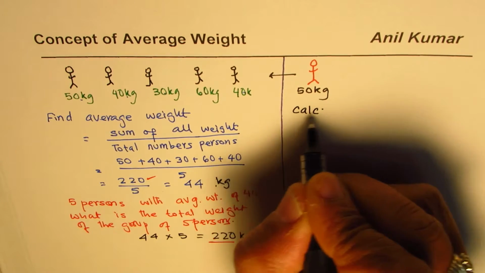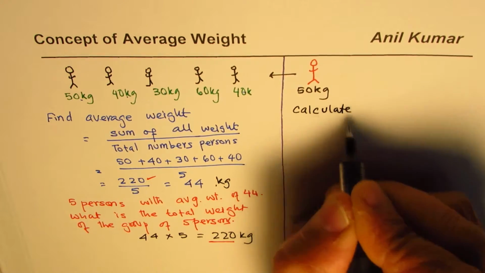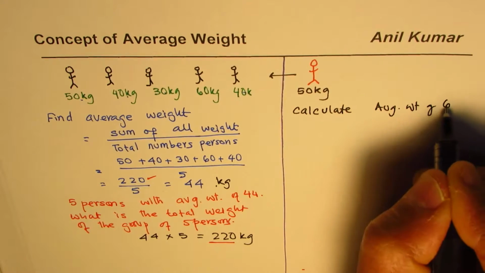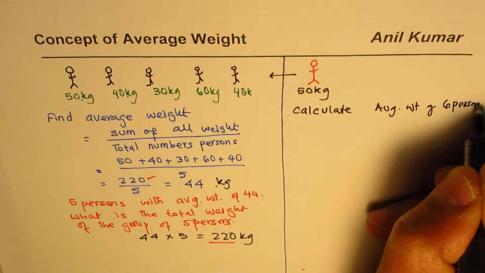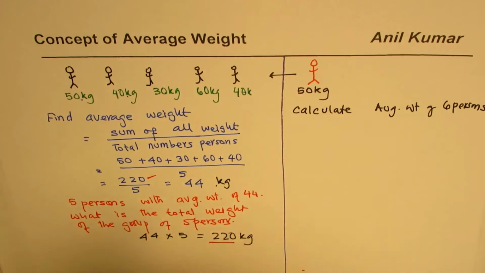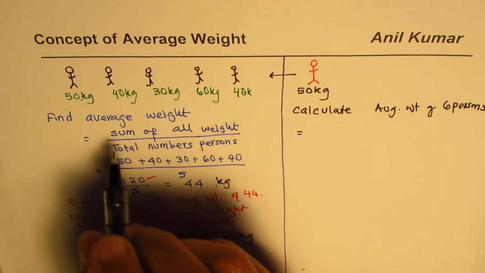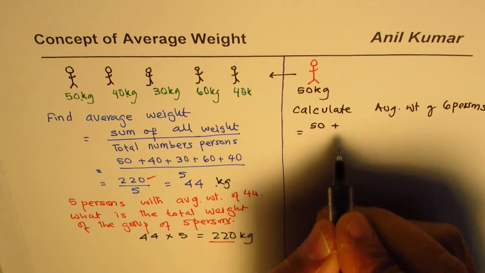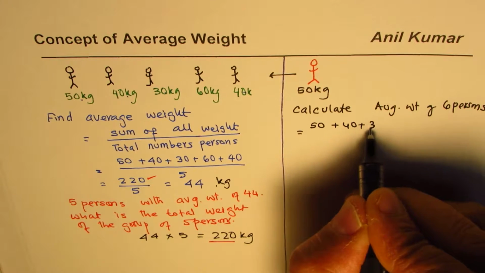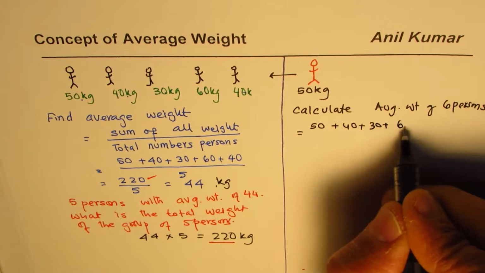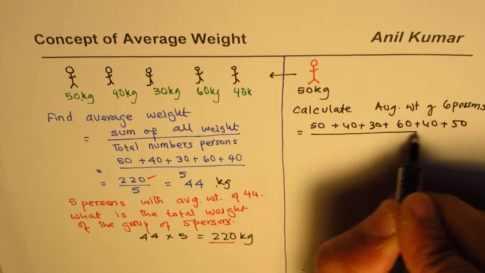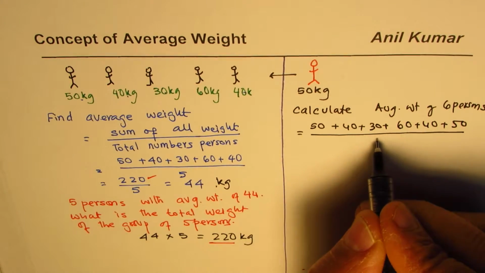Okay, let's calculate the average weight of 6 persons. Now we'll use the same formula: sum of all weights divided by the number of persons. So the sum now becomes 50 plus 40 plus 30 plus 60 plus 40 plus 50. And how many persons are there? 6. One more, right?